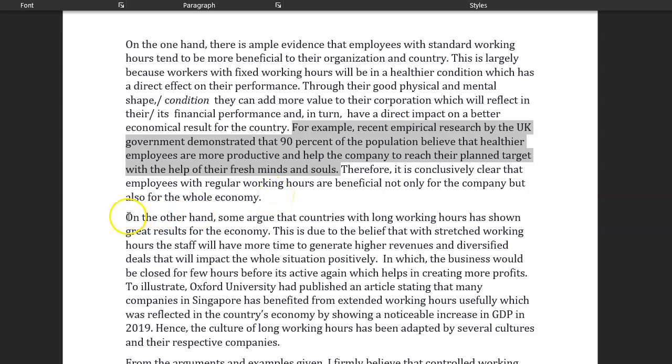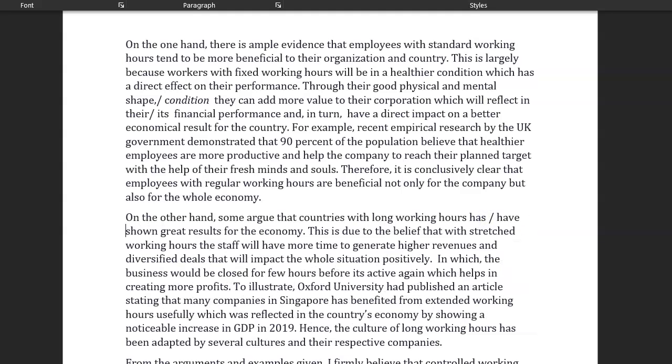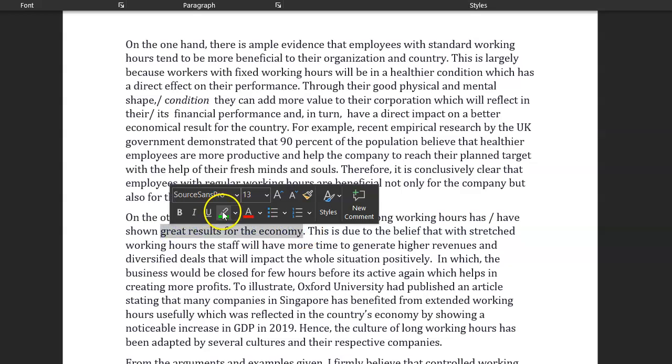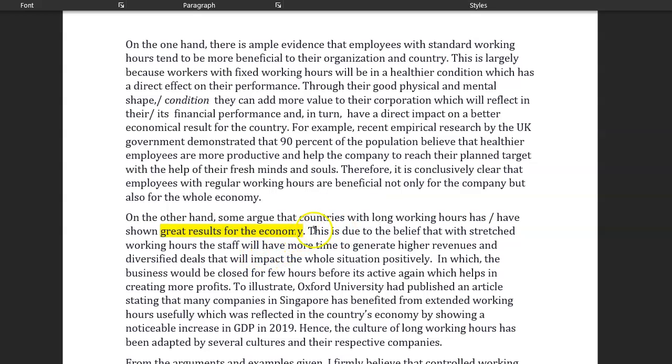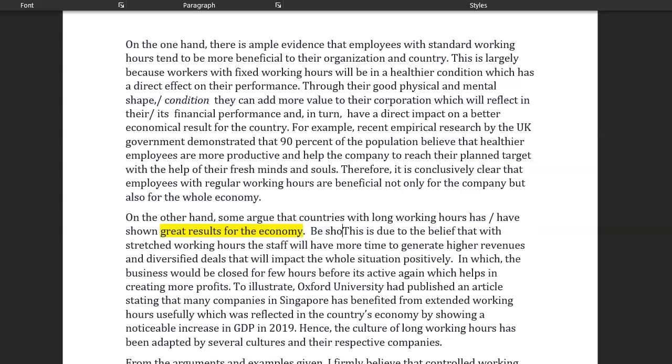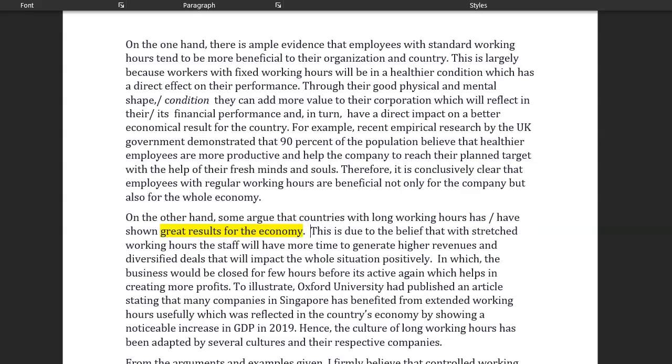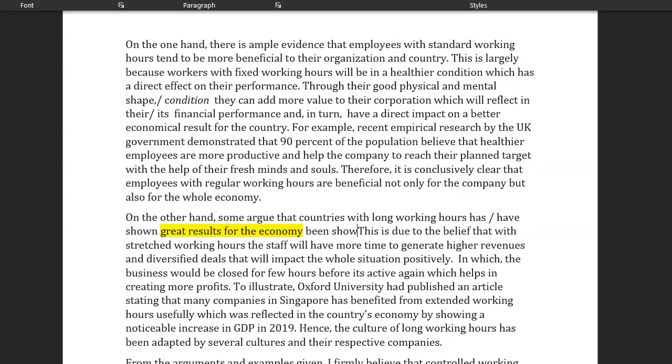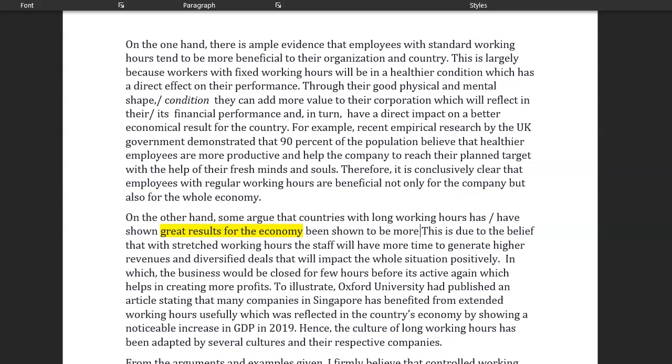Well done. On the other hand, some argue that countries with long working hours have, watch out, noun verb agreement, have shown great results for the economy. Okay, it's getting a bit repetitive. Economy, economy, economy. Okay, can we just change this a bit? Why don't we have been shown? Get a passive in there to be more successful.